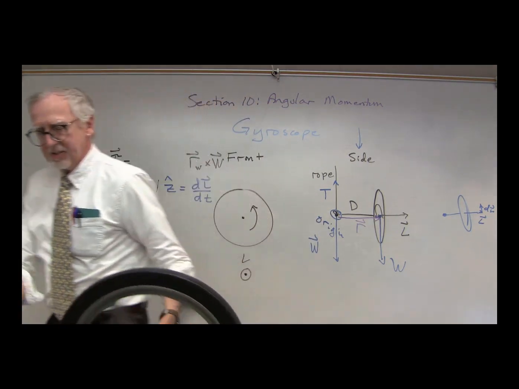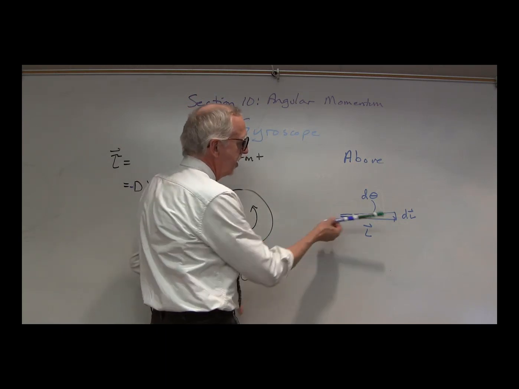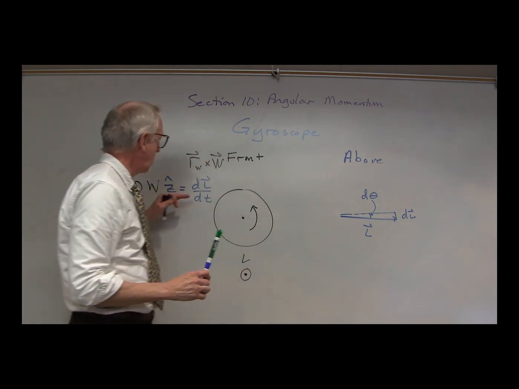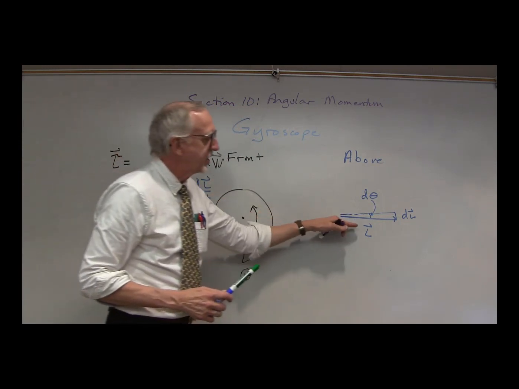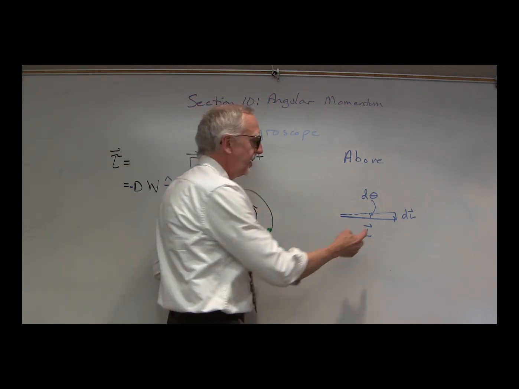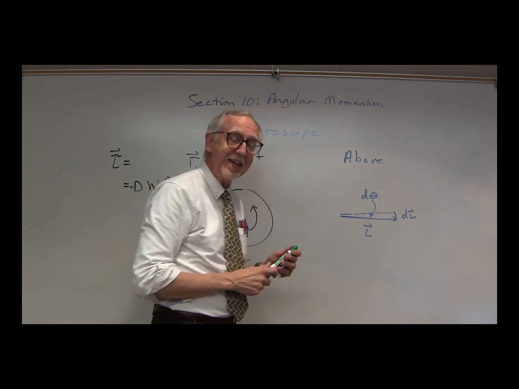Very, very interesting. Back to our drawing from above, we have this angular momentum this way that is then moving this way because of the torque that we have. And let's look at this. Over some time, say dt, let's imagine that our angular momentum changes by an amount dL.